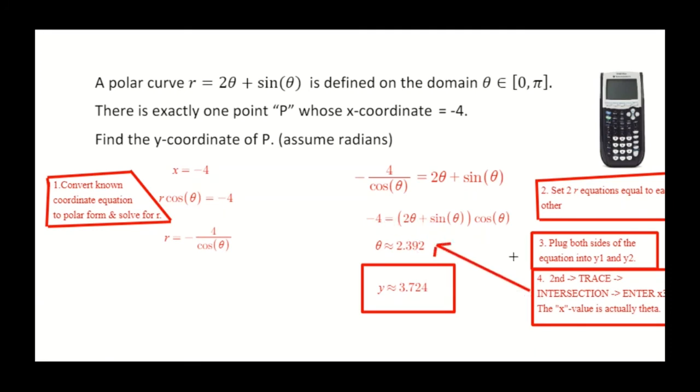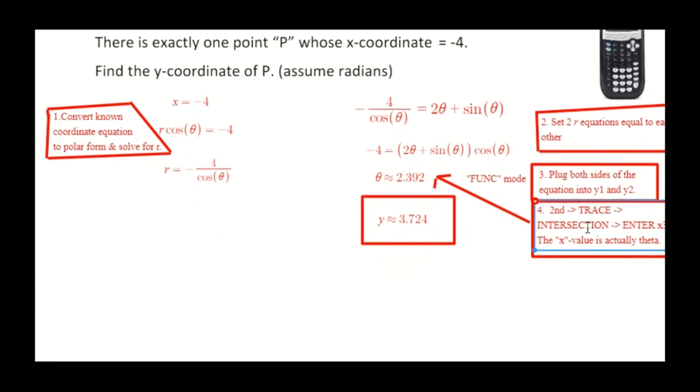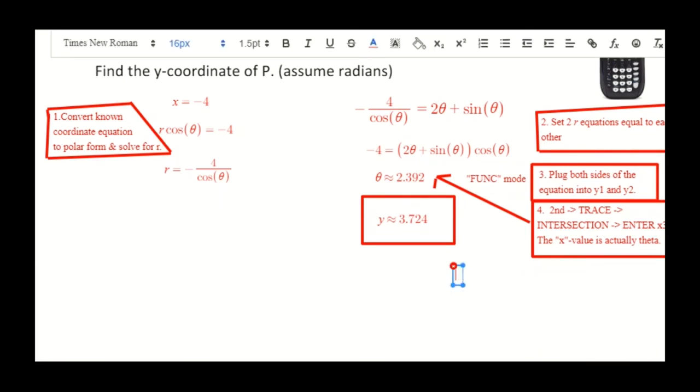So once you have the theta, then you can go back to polar mode. Okay, so right now we're in function mode. I know these are like notes on notes on notes, but we're in function mode. Let me scroll down a little bit. And finally, to get to your answer, you're going to go back to polar mode. So you're going to enter both polar equations into polar mode.